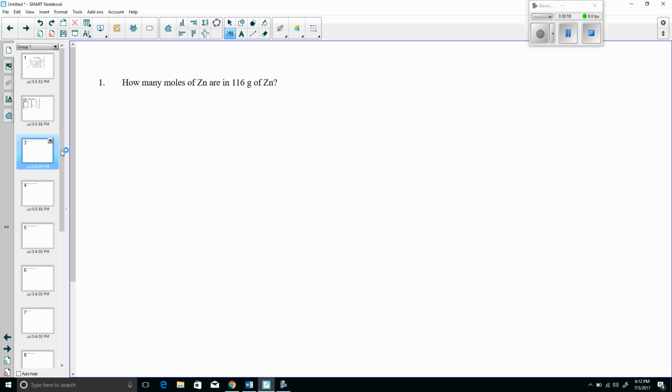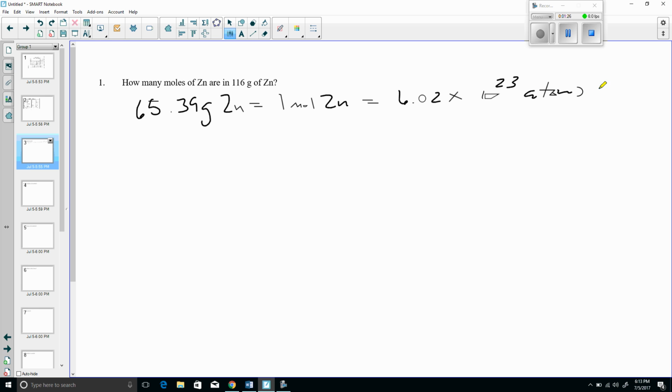And what that means is if we have 65.39 grams of zinc, that means we have 1 mole of zinc. And if we have 1 mole of zinc, that means we have 6.02 times 10 to the 23rd atoms of zinc. So all of those things are equal.